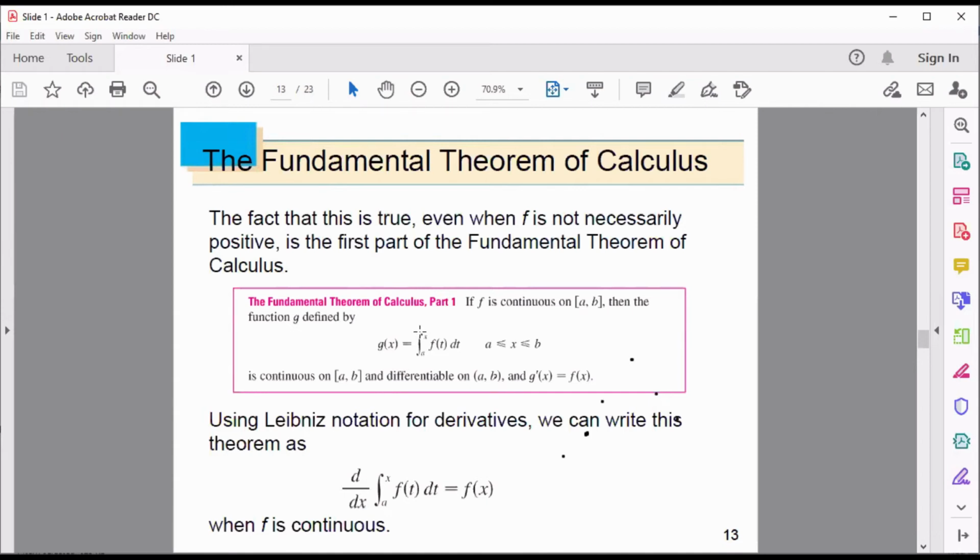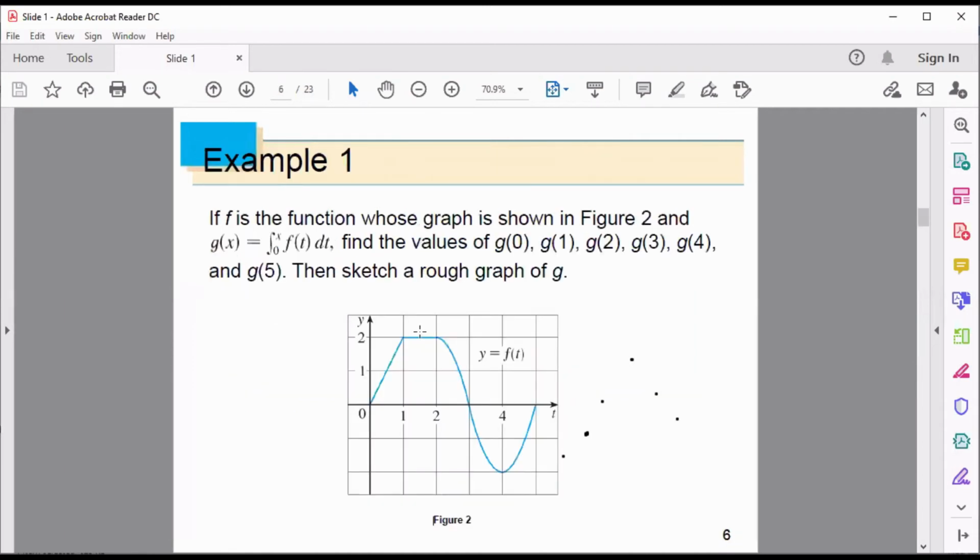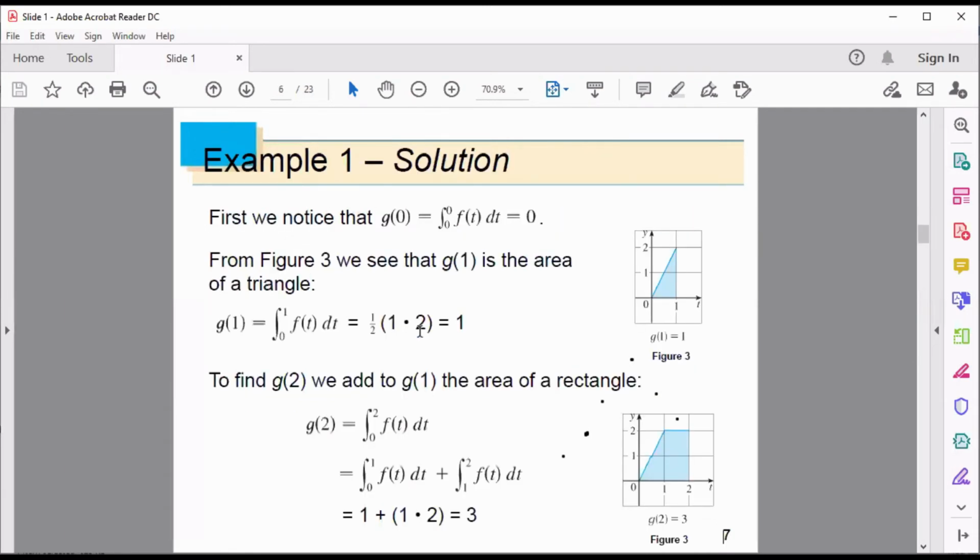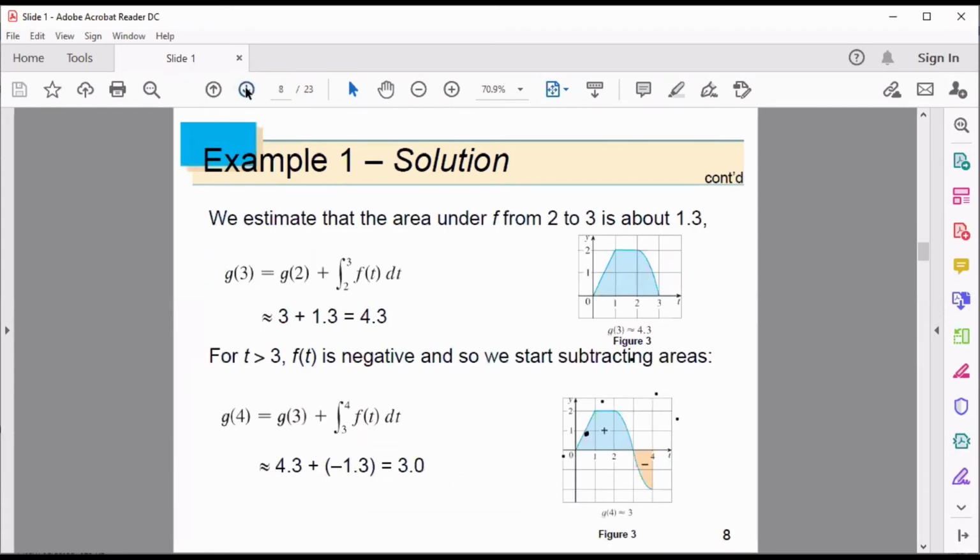When one direction is the derivation, in order to go back, we have to apply the integration. Then the integration is the antiderivative, the inverse action related to the derivative. I did this one. Now I'm in slide 13 maybe.